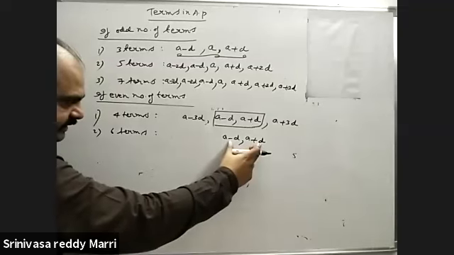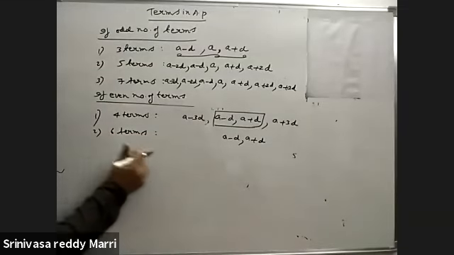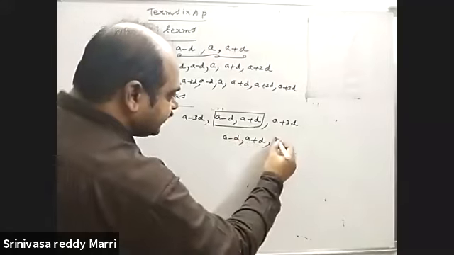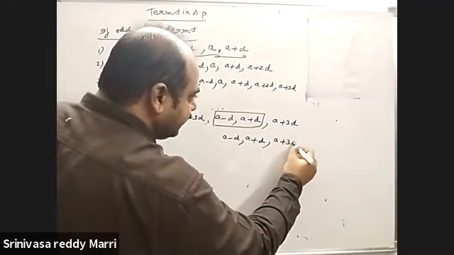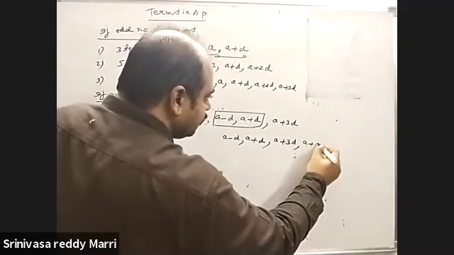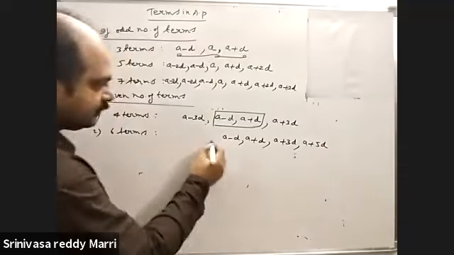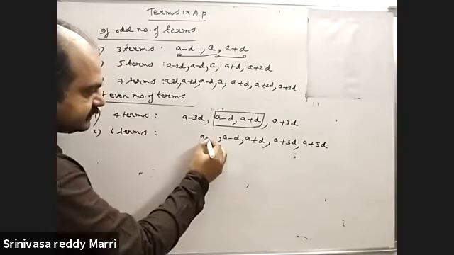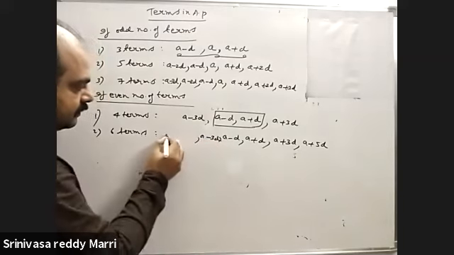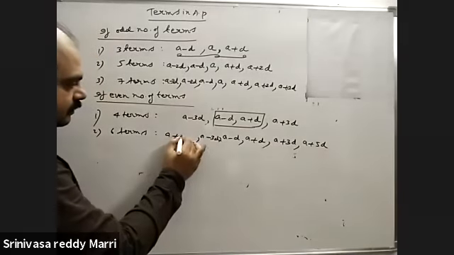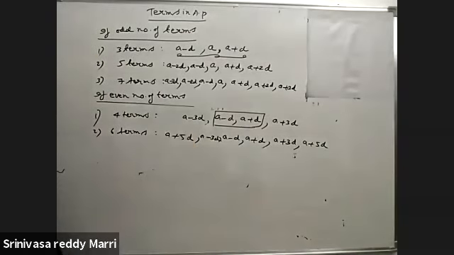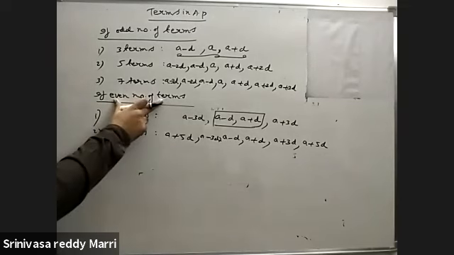If you take out these 2, how many terms remain? 4 terms. So that side 2, this side 2. Add 2D, add 2D, and this side just write minus. Like that 6 terms, like that even number of terms.